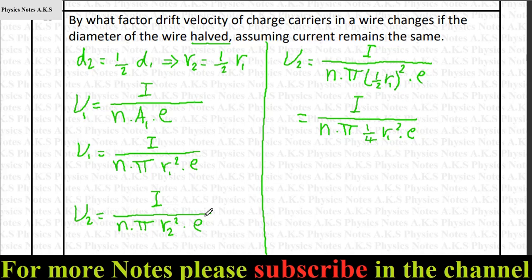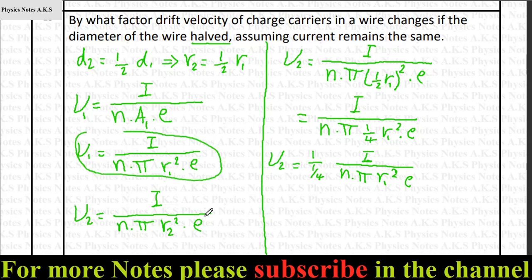So v2 is going to be 1 by 4, multiplied by current divided by number density pi r1 squared e. So this one, I divided by n pi r1 squared e, is actually from here. From this one we found it is actually the first drift velocity.